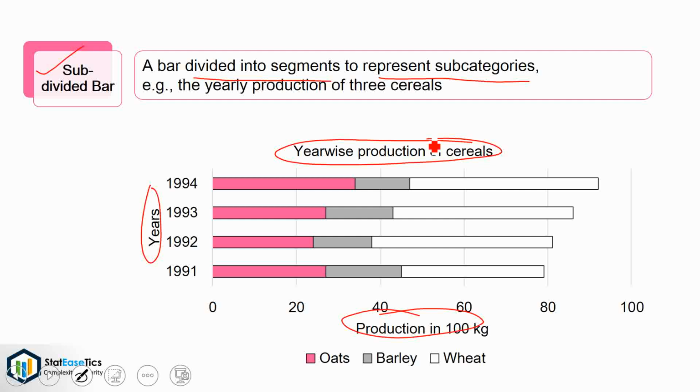Here, the individual bar represents the total production of the cereal crops, which is subdivided into production of oats, barley, and wheat. Thus, we can compare the yearly total production of all the cereals as well as the production of individual cereal crops.